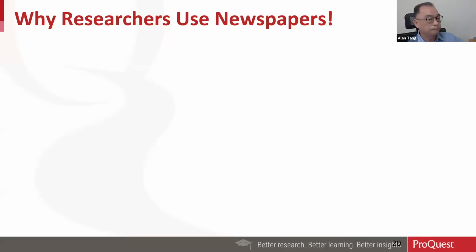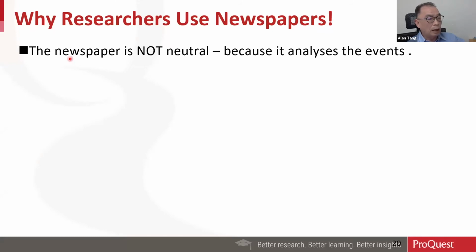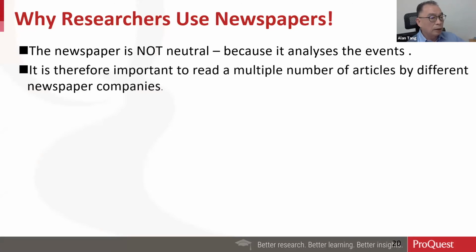But I want to tell you guys, the newspaper is not neutral because it analyzes the events. And because it has different points of view on writing the story, it is very important to read multiple articles from different newspaper companies.